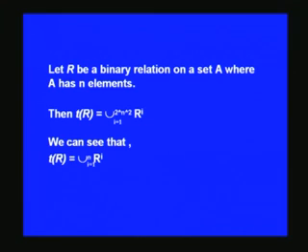Now, what about this? We have considered an infinite set. What about the finite set? Let R be a binary relation on a set A, where A has n elements.